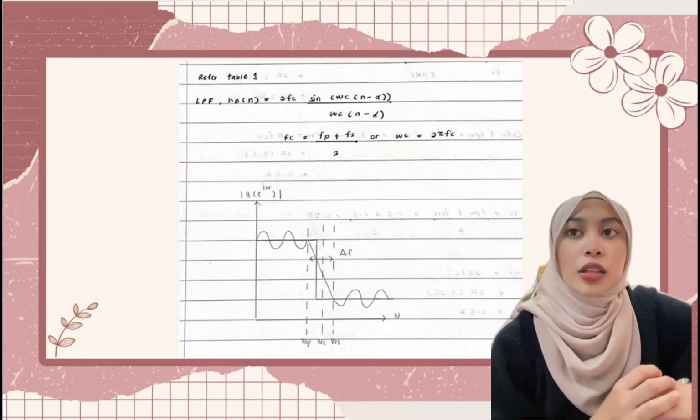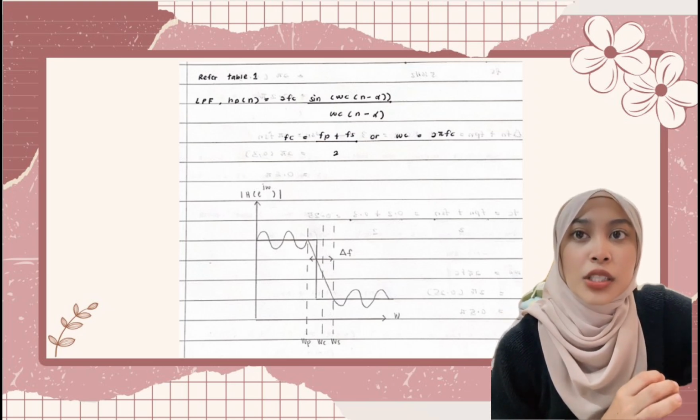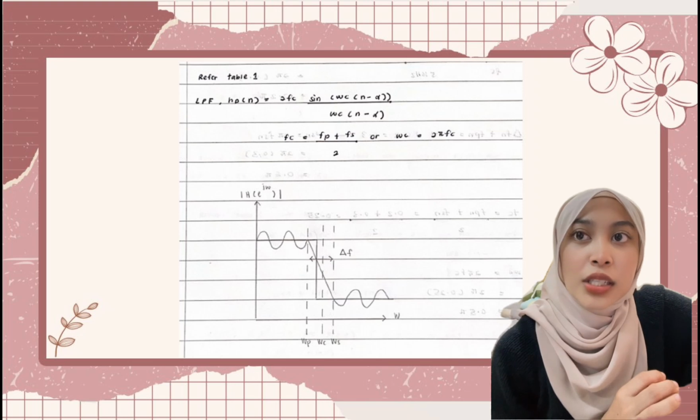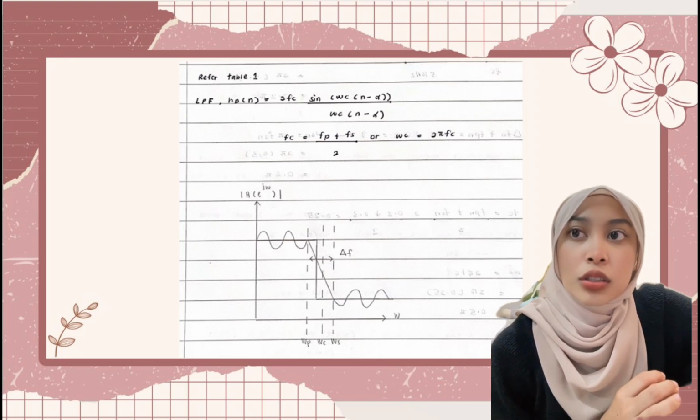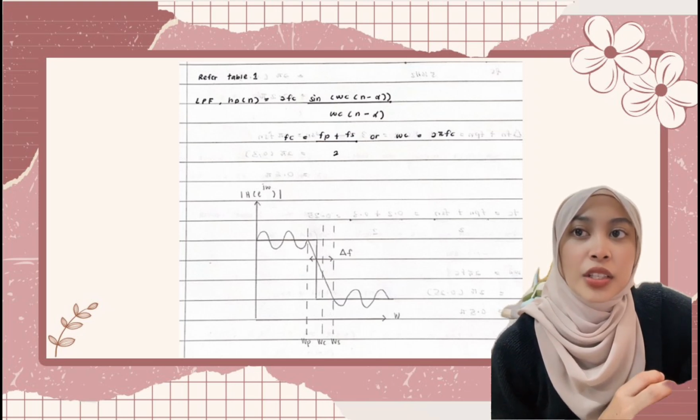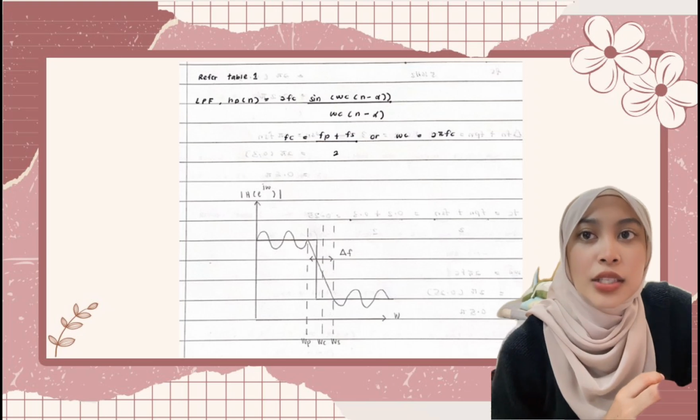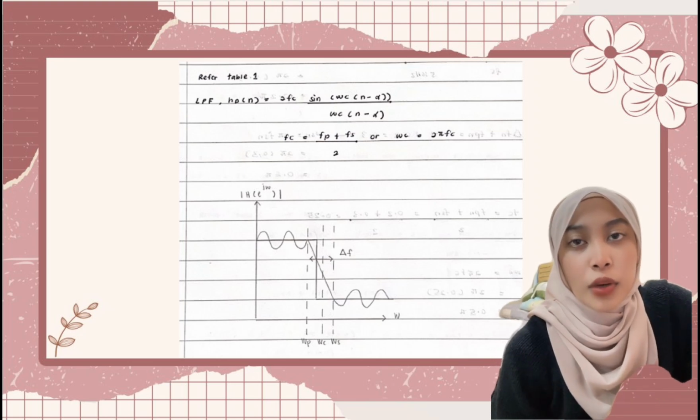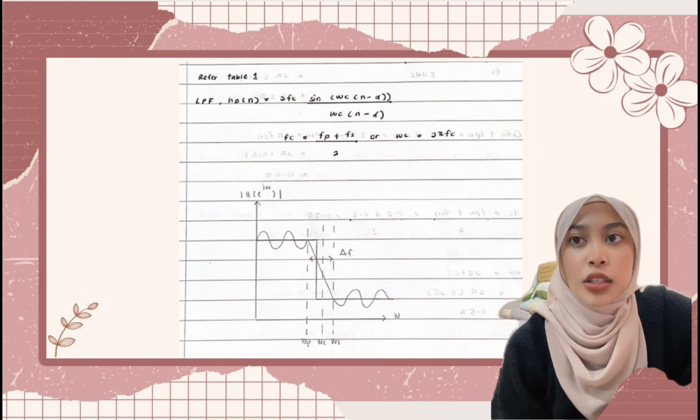In the pass band, from 0 up to the pass band edge wp, the magnitude is close to 1, meaning all low frequencies are passed. Between wp and the stop band edge ws, we have a transition band where the magnitude gradually drops.